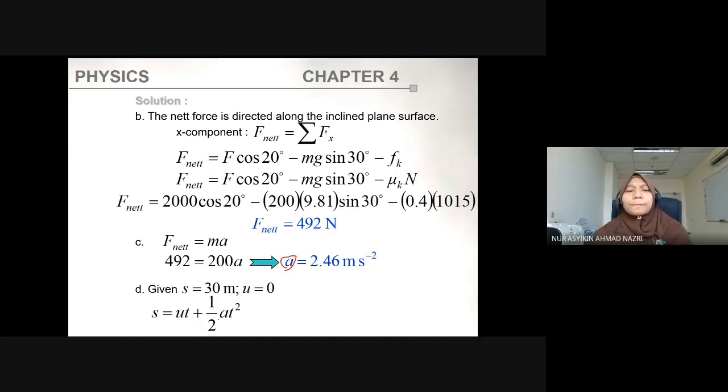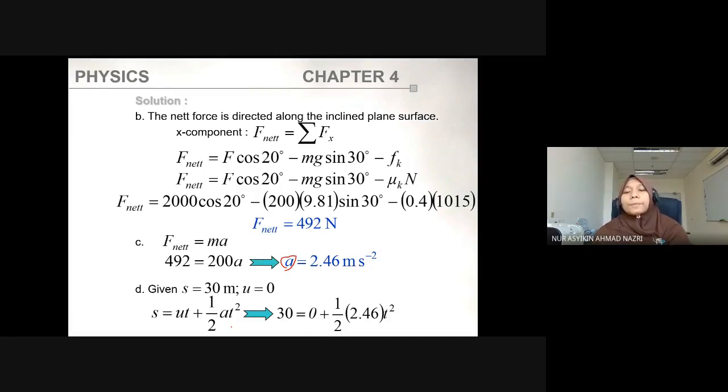Alright, so we can use the motion equation ni. Motion equation kita. So displacement equal to ut plus half at squared. So at first the block start from rest, okay, and then dia kata cari masa untuk dia bergerak 30 meter. So substitute 30 meter there.